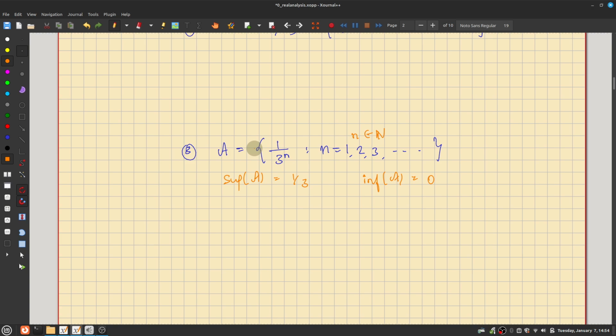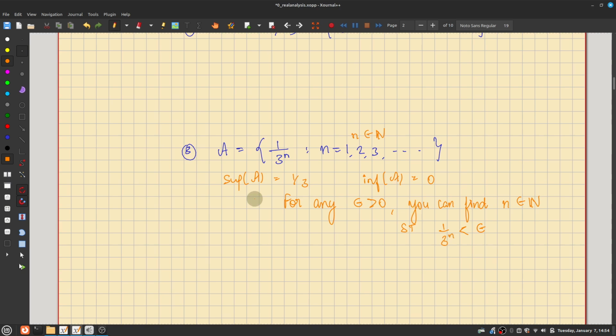If you take any epsilon which is greater than 0, you can find a positive integer n such that 1 by 3 to the power n is strictly less than epsilon.